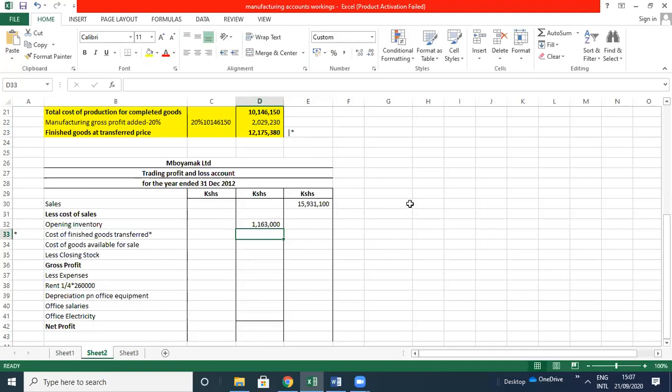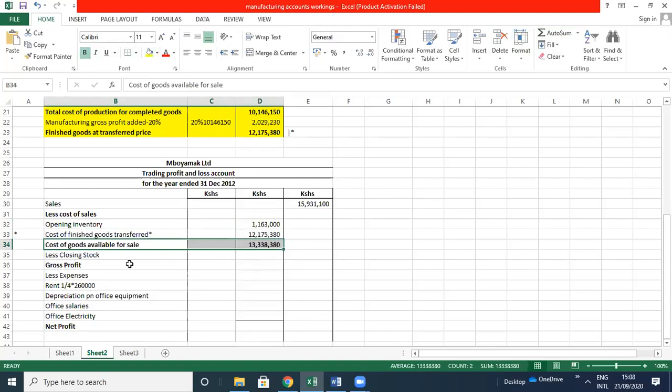And therefore here, it is 12,175,380. Very good. If we add them up, they should give us the cost of goods available for sale.